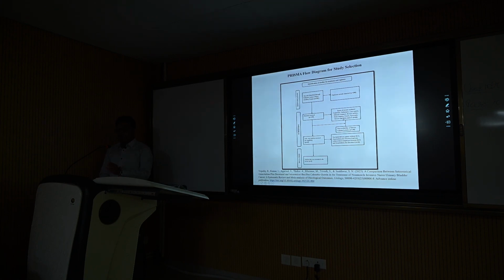Then we removed review papers, case series and editorial comments, as I have to include only randomized trials. That left 39. Then we manually studied all the abstracts and articles, whether they are relevant to our objective or not. That's how we further excluded articles, and at last we had 3 studies directly comparing our objectives.